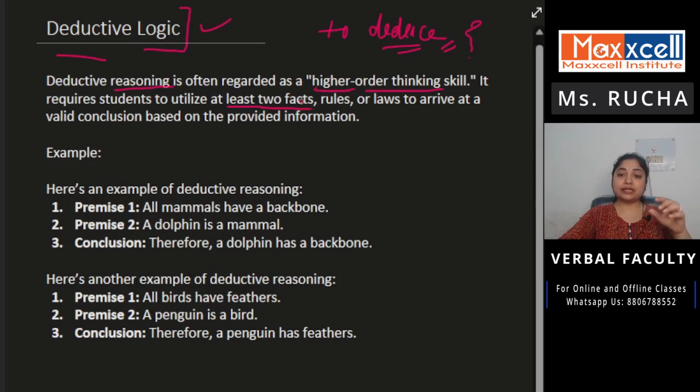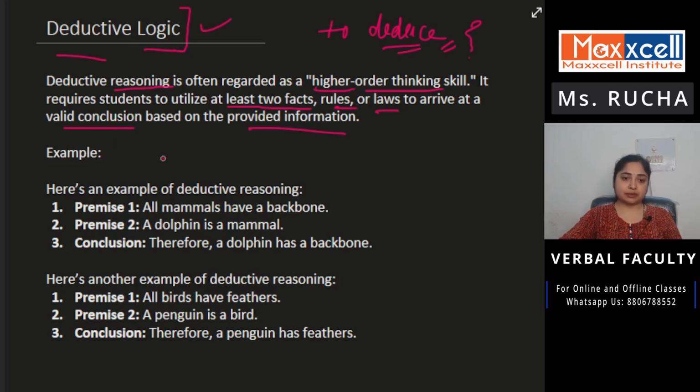So, how can you arrive at a proper conclusion? When you have ample information to draw conclusions, right? So, at least two facts or rules or laws you should have to arrive at a valid conclusion based on provided information, right? Now, what are laws or what are rules? Let us understand this with the help of a couple of examples.